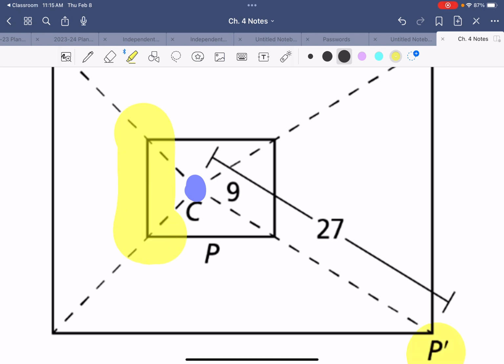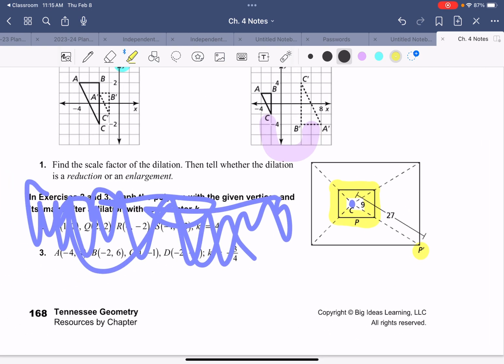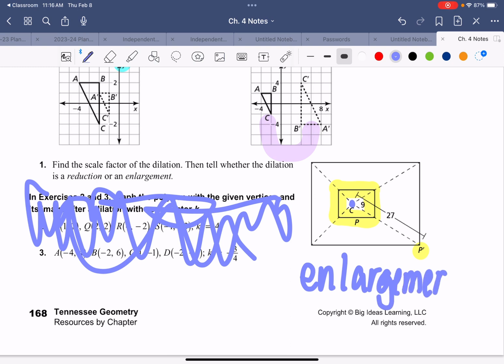So this little one here is our original pre-image, and the outside one is our image. We started with the small one and ended with the large one. That tells me I have an enlargement. Okay, boom, I got that one answered.